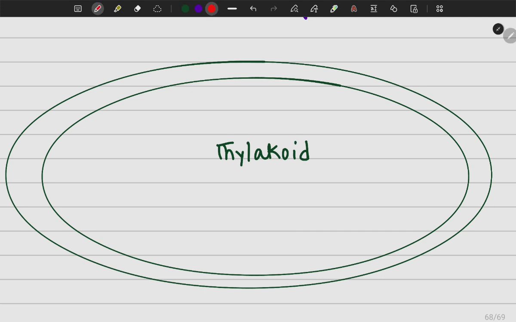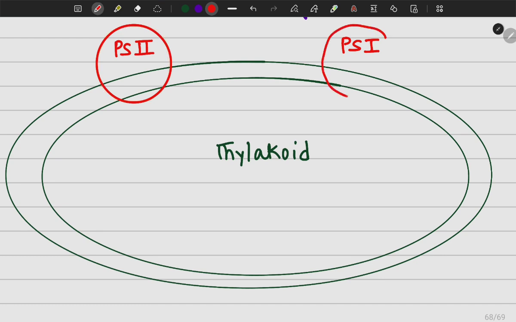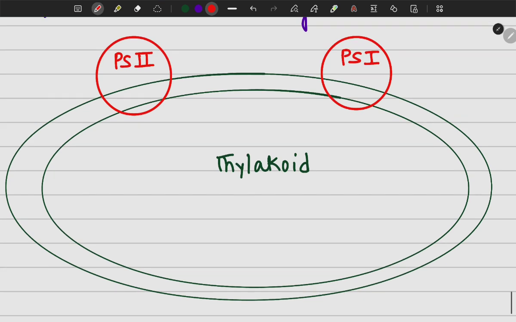So there's photosystem 2, then there's photosystem 1, and in between these two systems there's electron transport chain, right? Suppose this is photosystem 1. Here there is photosystem 2, and in between there is electron transport chain.